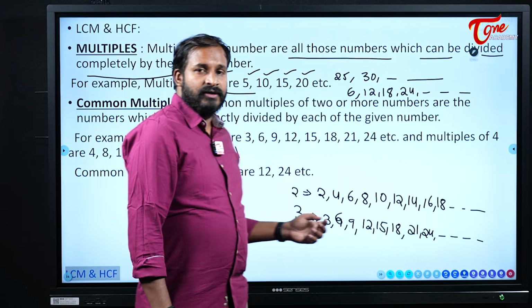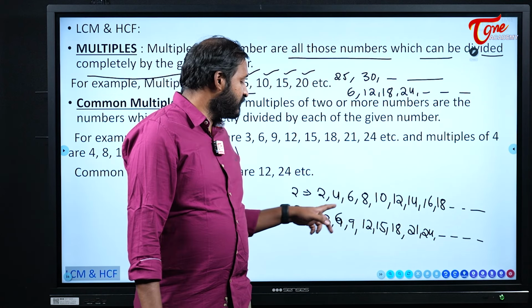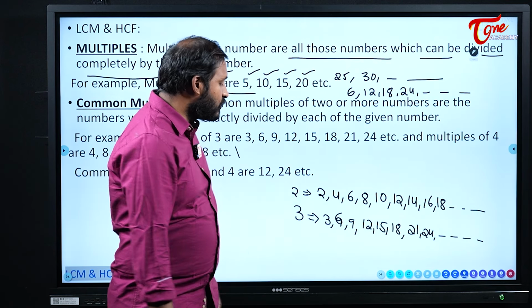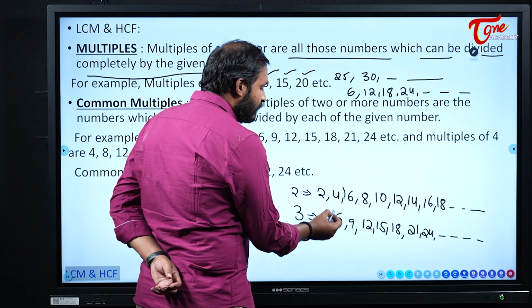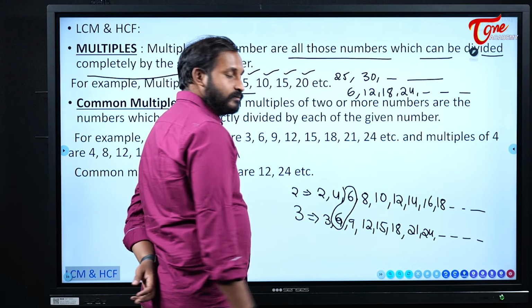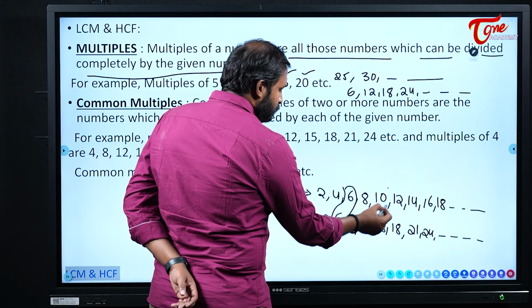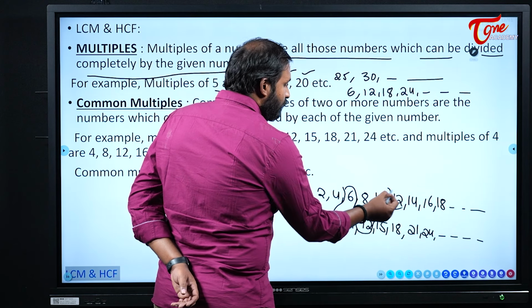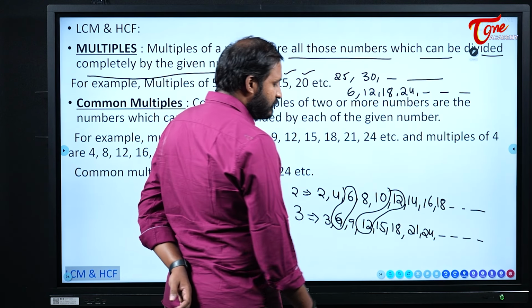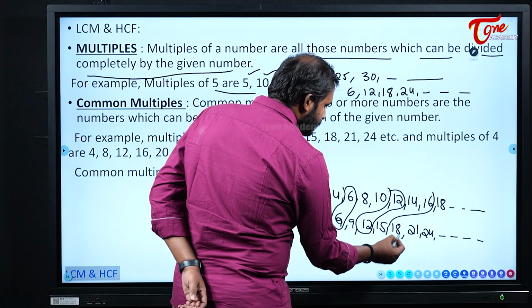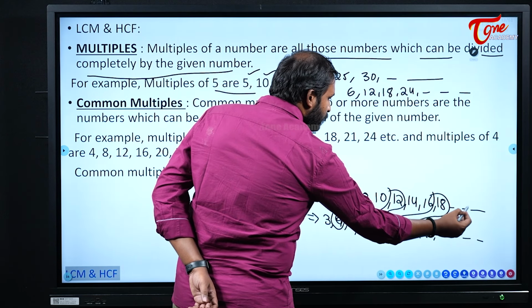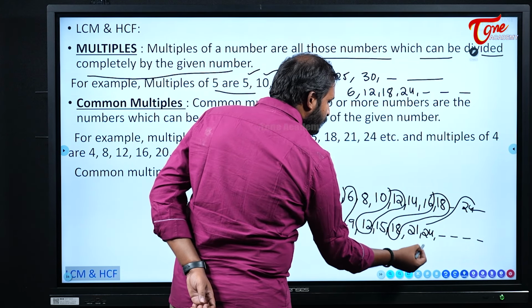If you observe carefully, there are some common multiples between 2 and 3. What are those common multiples? We have 6 and 6, 12 and 12, right? Next 18 and 18. If you go on like this, you will have 24 and 24.